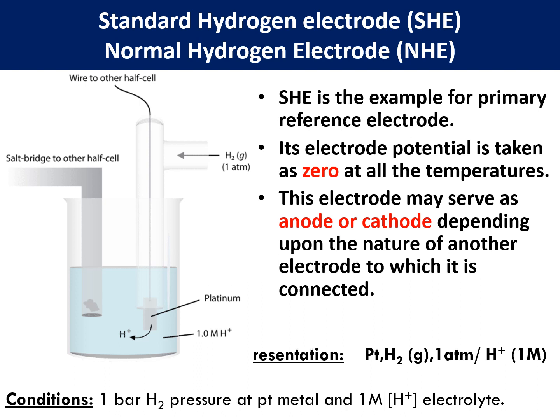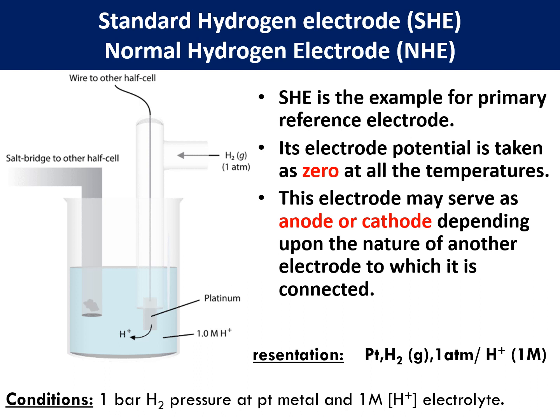That metal may be anode or cathode. If the connected metal is the anode, SHE acts as cathode, and if the connected metal is the cathode, SHE is ready to act as anode. That's why this reference electrode, the standard hydrogen electrode, may serve as anode or cathode depending upon the nature of the other electrode. I will explain this in later slides.